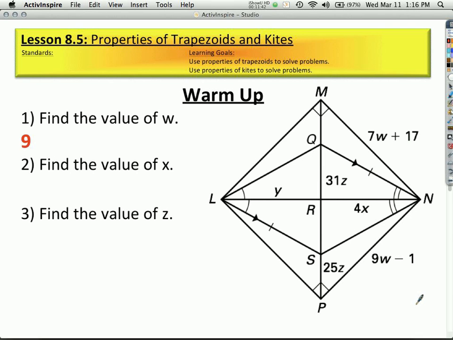Shelby? Angle, side. Is equal to RTN, and then RN is less. Okay.